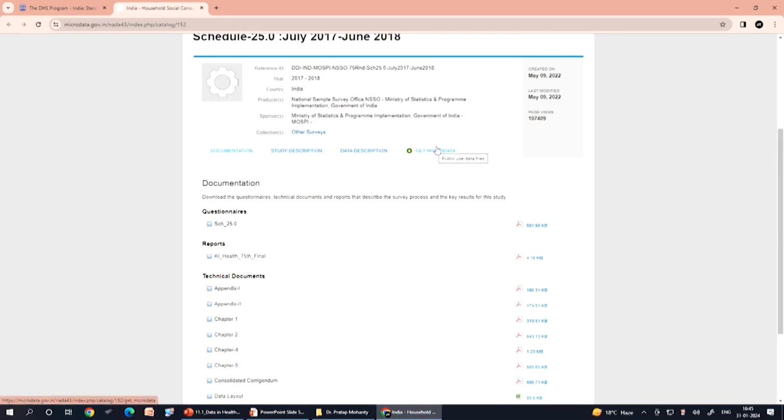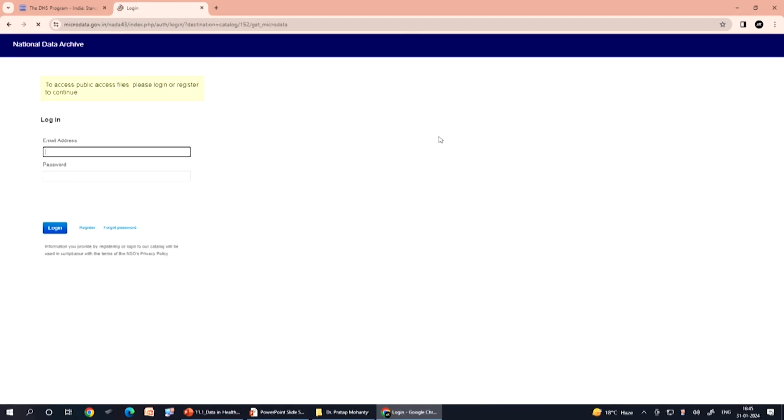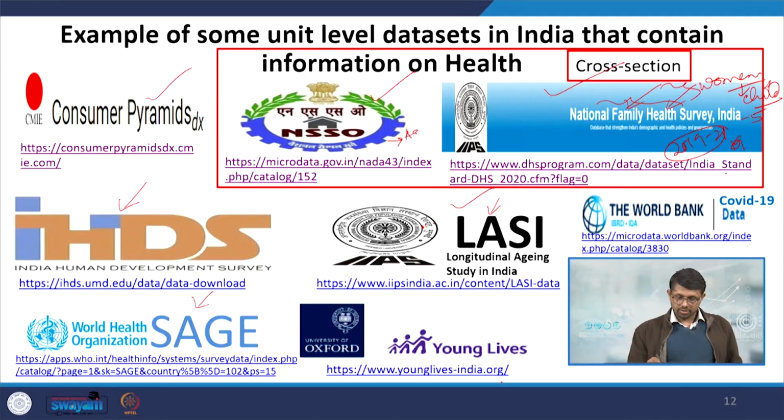Then you need to get the raw data from here, raw data in different formats. You have to click over here, get micro data. It asks for a registration, then it will be directed to the page to download the data. However, there are other datasets which NSS provides on agriculture, on debt and investment, then on labor issues, on employment rounds, and the latest one is PLFS, Periodic Labour Force Survey.